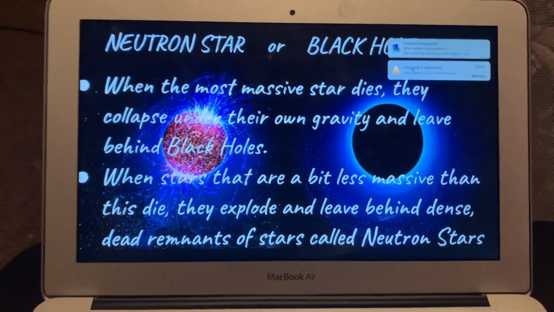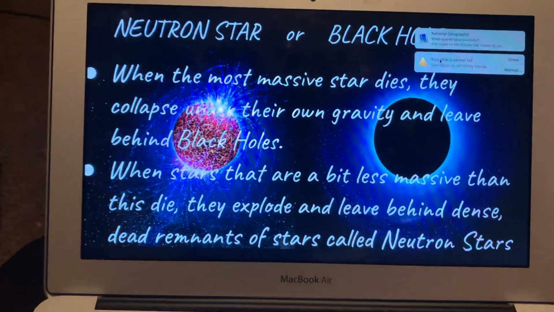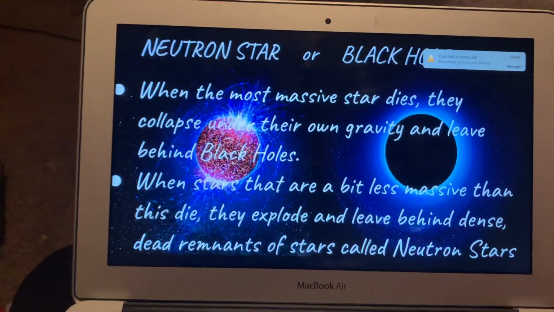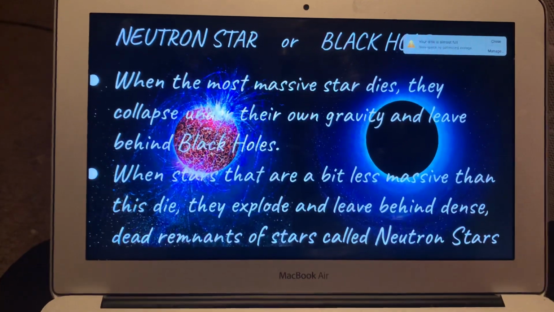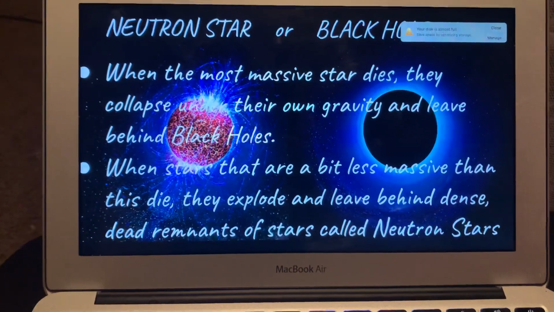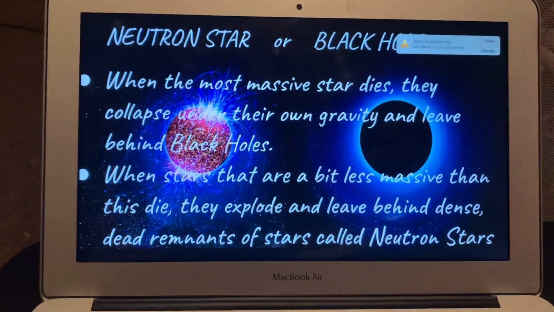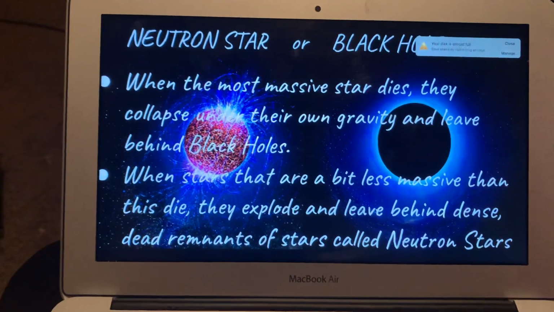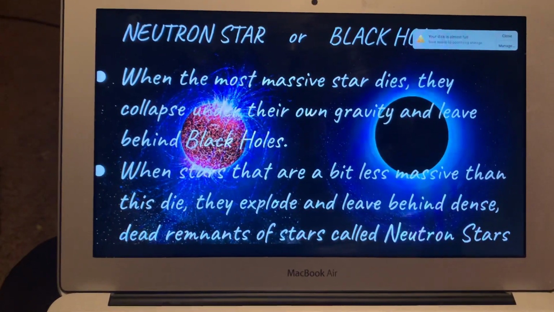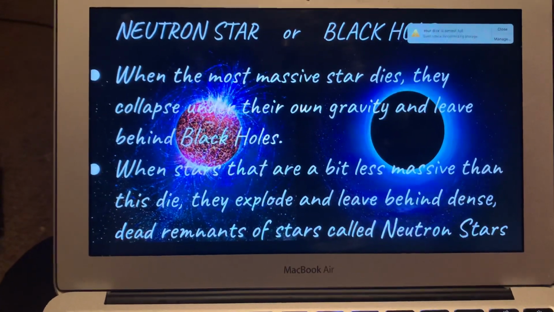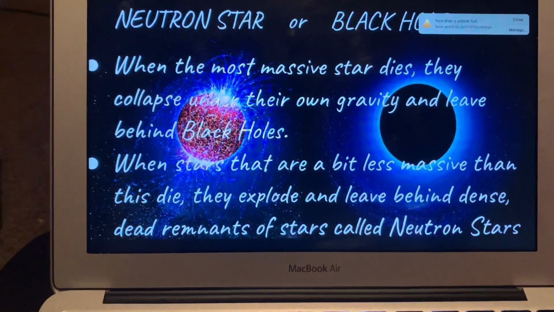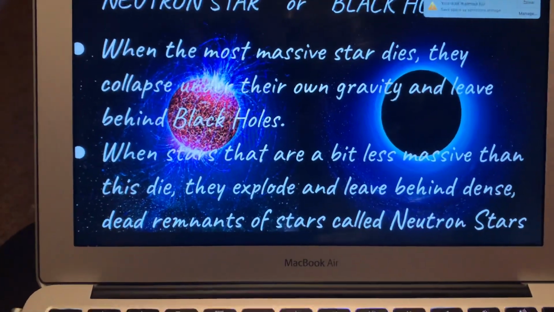Okay, the last process is the neutron star, or what we call the black hole. There are 2 words for it, actually, but I was surprised that it has 2 different meanings. When the most massive stars die, they collapse under their own gravity and leave behind black holes.